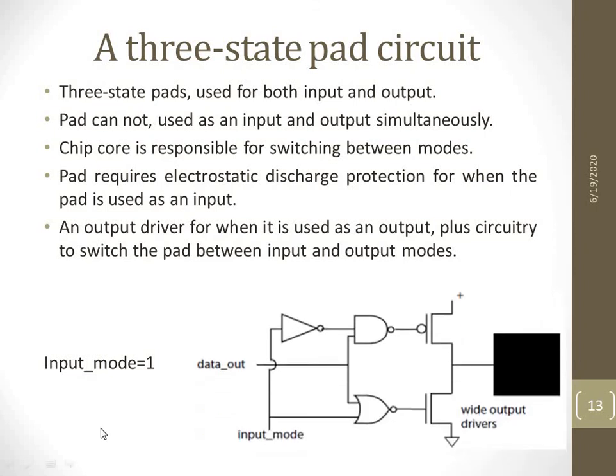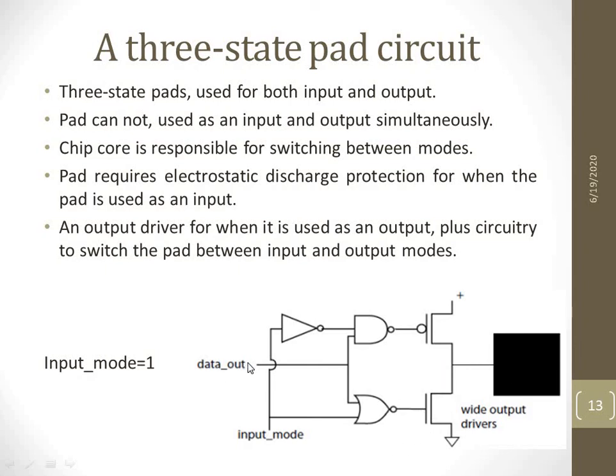So if the input mode is 1, you can see here, this is the input mode. When it is 1, what happens? There is a 0 which is given here. So when 0 is connected to a NAND gate, the output will always be 1. When it is always 1, that means it is always off. Then we need to look at this connection.